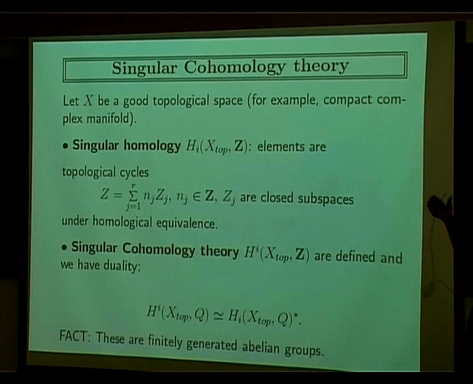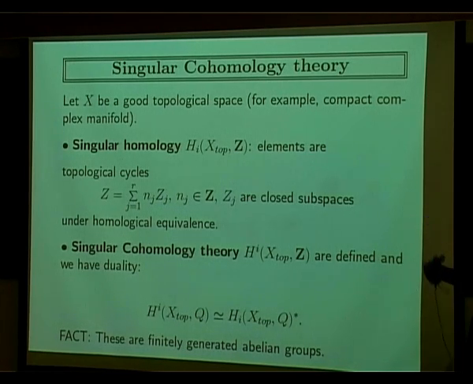So this is precisely the motivation to look at singular cohomology: it generalizes your study of the fundamental group by going from one dimensional loops to higher dimensional closed subspaces.